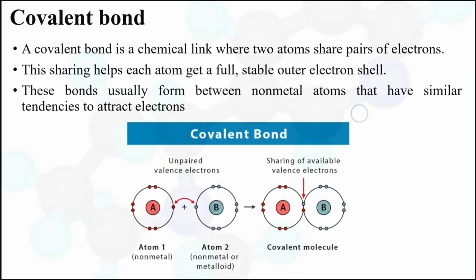Then covalent bond. A covalent bond is a chemical link where two atoms share pairs of electrons. This sharing helps each atom to get a full stable outer electron shell. So in case of covalent bond, two atoms, both can be non-metal, link with each other to share pairs of electrons.